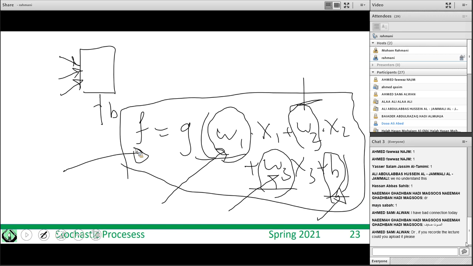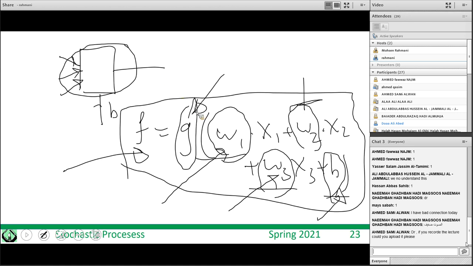This equation that I have written here is the general form of a neural network, a one-layer neural network. This is one layer, and the problem that I solved is a special form of neural network with one neuron.